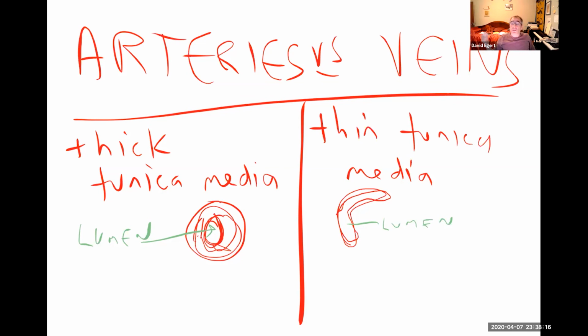They also look different on the cadaver, because when you look at an artery, you basically see all the smooth muscle in the tunica media, and it looks kind of white, like a white rubber tube.